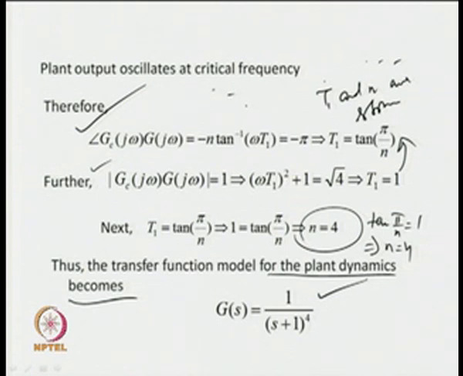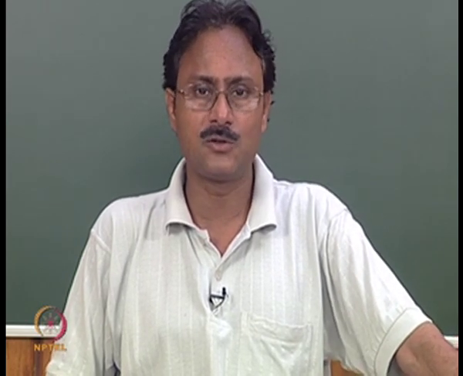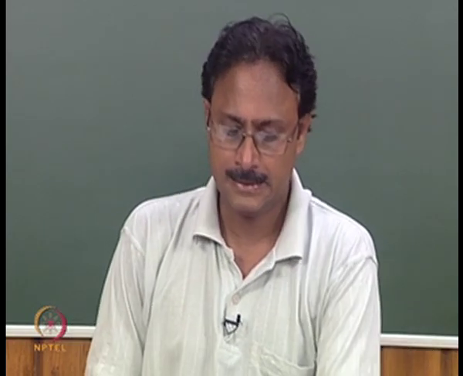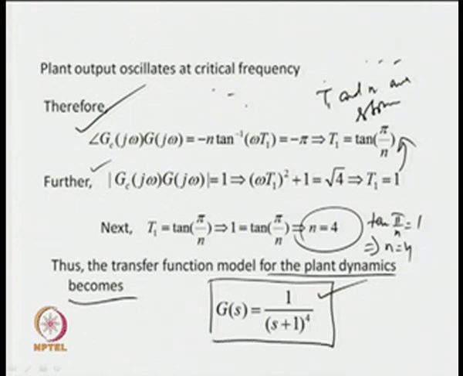So, using the sustained oscillatory output from the closed loop system, it has been possible to estimate the two unknowns of the transfer function model, and after finding the steady state gain, the process dynamics can be expressed in the form of a transfer function model.